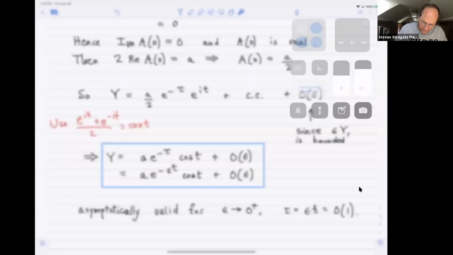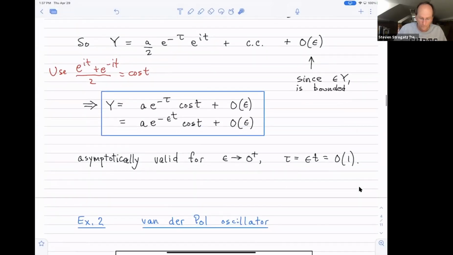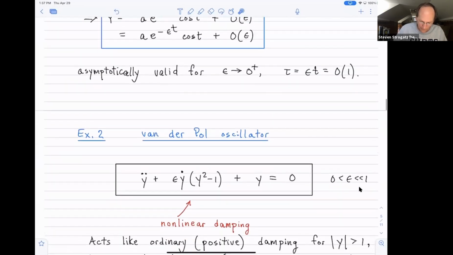Okay, so let me move on to the more interesting problem of the van der Pol oscillator. Okay, so here we are.